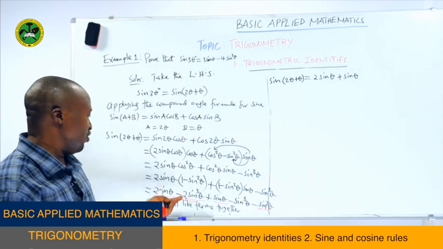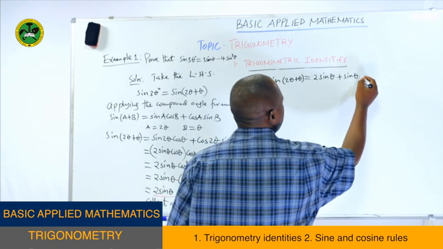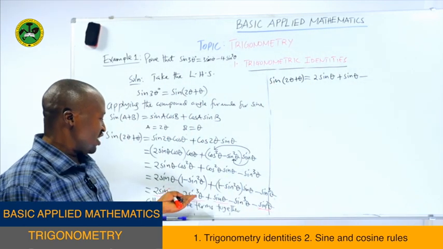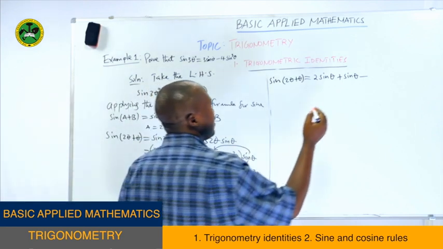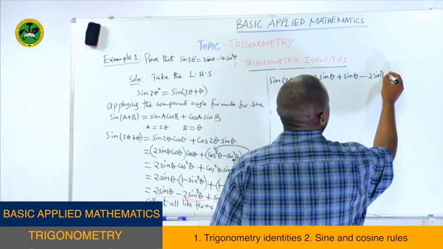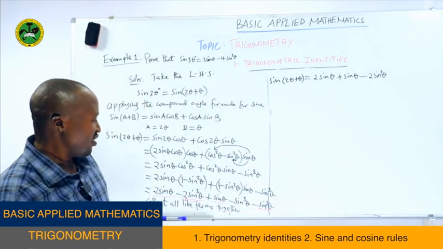Then for cubic we have minus 2 sine cubic theta.